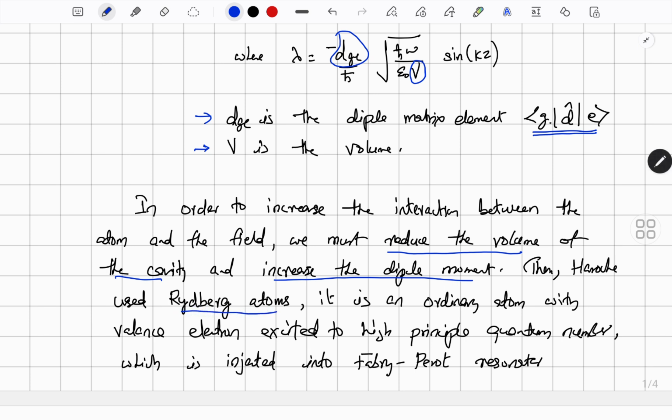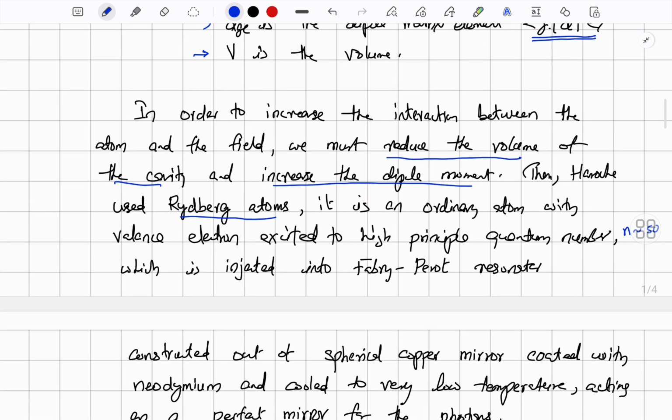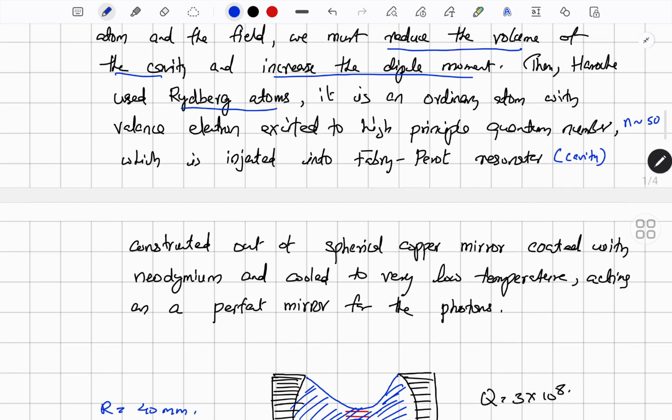A Rydberg atom is basically an ordinary atom with the valence electron excited to a high principal quantum number, on the order of 50. This atom is injected into a Fabry-Perot resonator, which is basically a cavity constructed from two spherical mirrors.